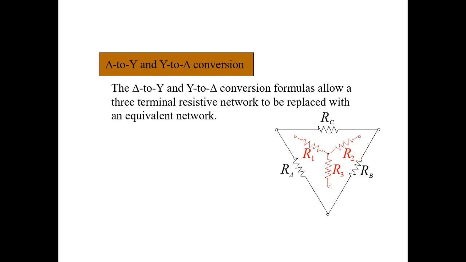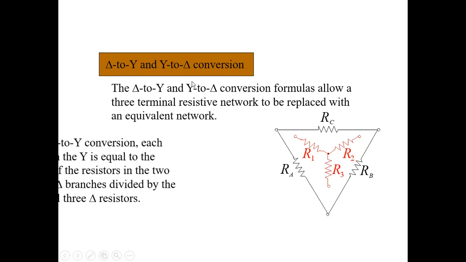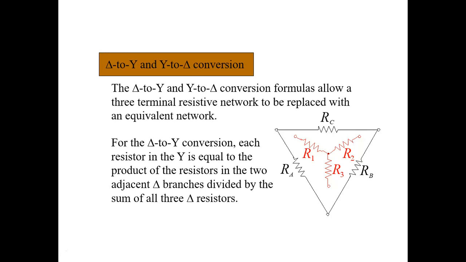Star we call a Y, and delta we represent as a triangle form. Firstly we are able to convert the star network into the delta network and the delta network into a star network, because the nodes remain the same: this is the same node, this is also the same node, and this is also the same node.